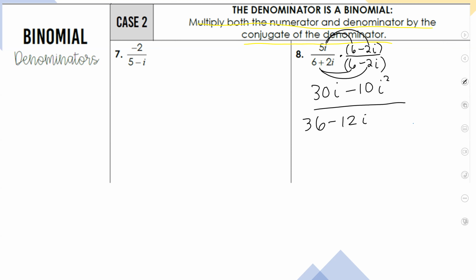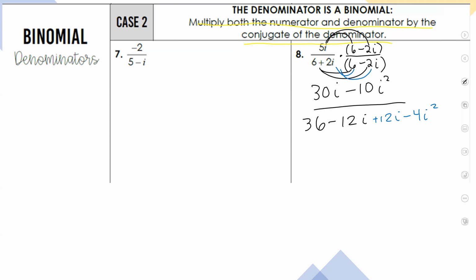I'll use a different color. 2i times 6 is 12i. 2i times negative 2i is negative 4i squared. And we're going to simplify all of this.